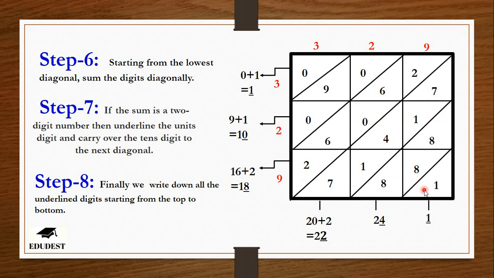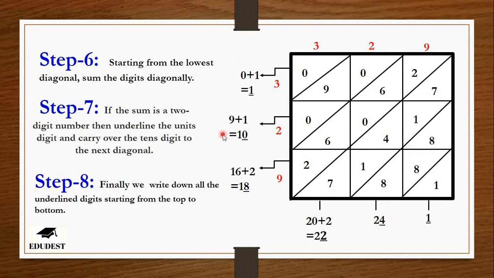Here the total sum is 1. 1 is a single digit number. As it is a single digit number, we need to keep it as it is. We only have to underline this units digit. Now move to the next diagonal. Here the total sum is 8 plus 8 is 16, 16 plus 8 is 24.